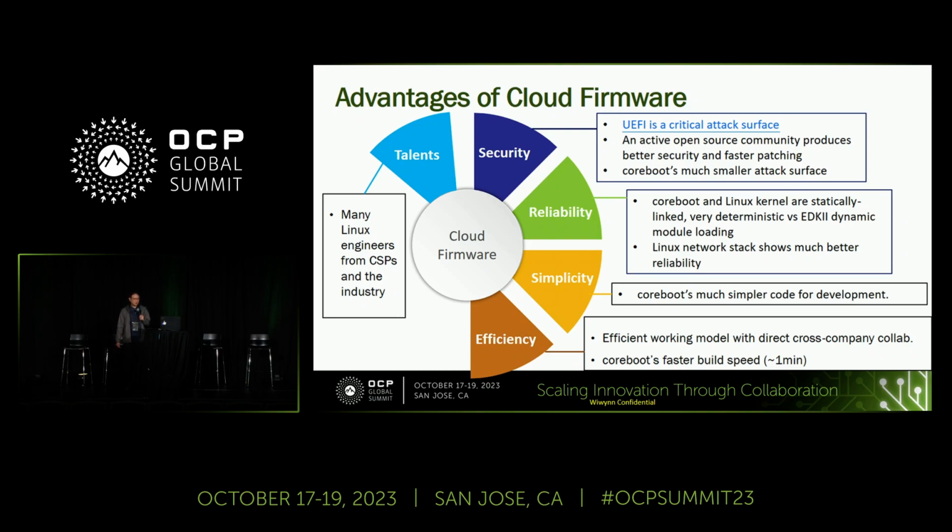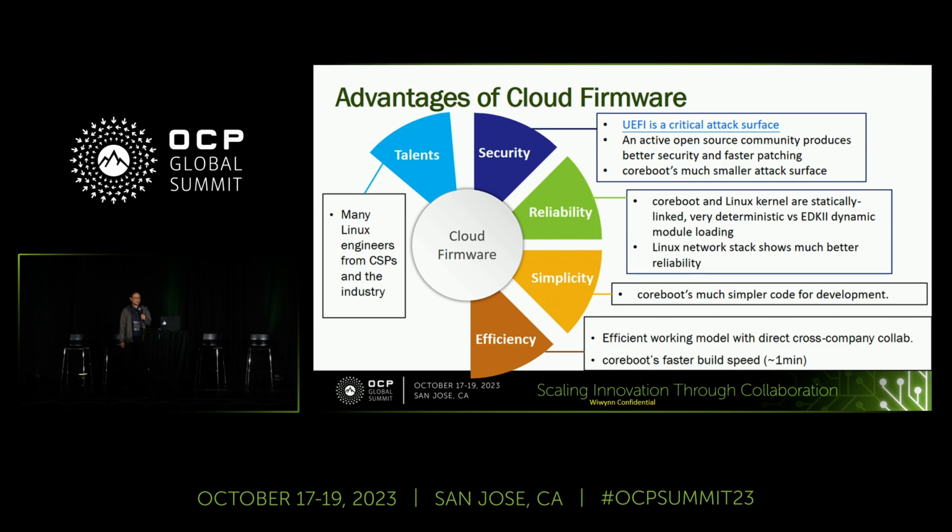And then security. Just recently, CISA published an article stating that UEFI is a critical attack surface. And I think most people agree that an active open source community can produce better security and faster patching. Both the Linux kernel and coreboot have very active open source communities for code review and bug fixes.